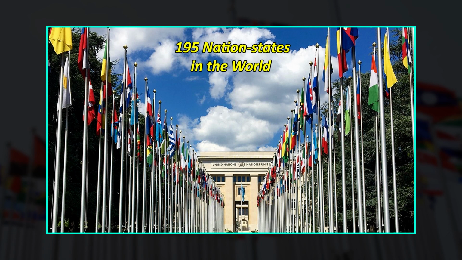Today, there are about 195 nation states, and these states comprise the major political actors on the world stage. But this was not always the case. The rise of the nation state system has passed through different phases before it gained its current form.